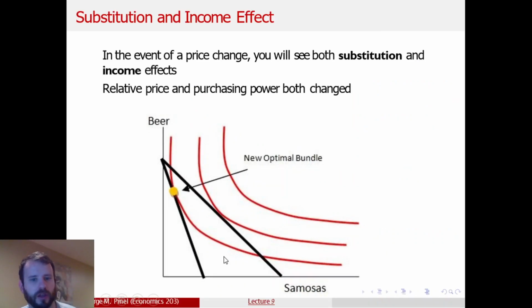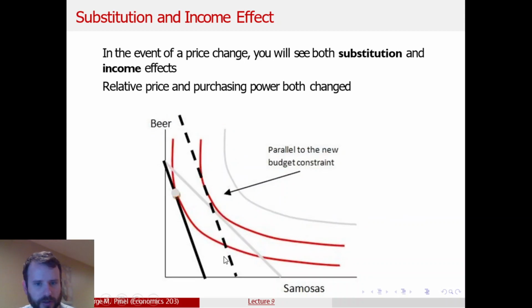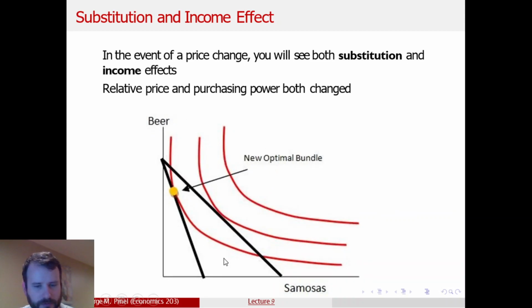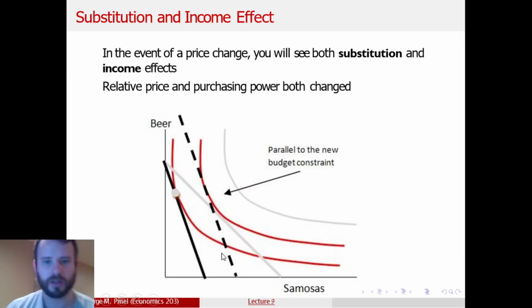Okay. So this is the new optimal bundle here. Now let's say I wanted to decompose the substitution from the income effect. I want to see what the relative price change matters without worrying about income. So this is a parallel budget constraint to the new bundle.